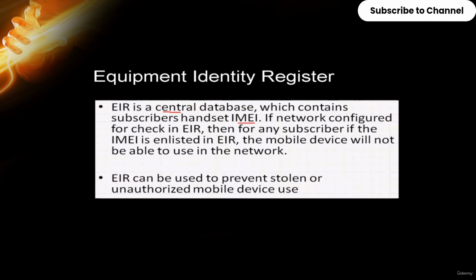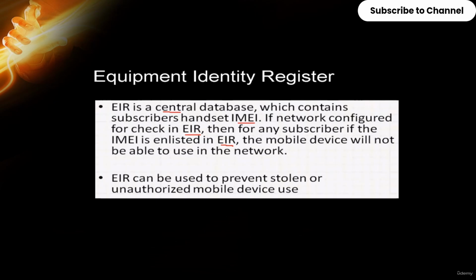So it is configured with the equipment identity register, and for any subscriber, this IMEI number is listed in the equipment identity register. So sometimes if a mobile phone is missing, with this IMEI number and this EIR register, the missing mobile can be easily identified.